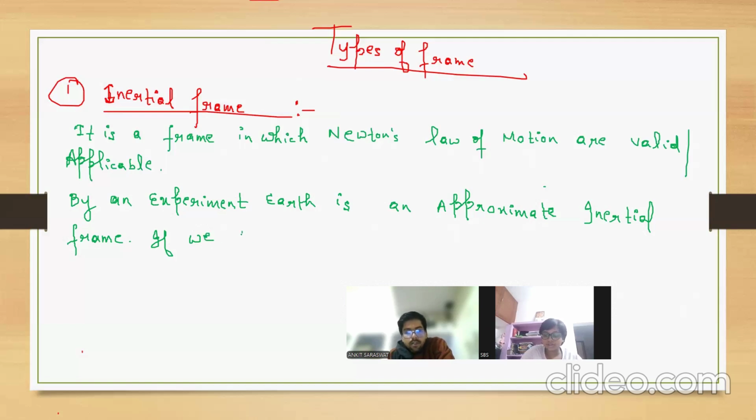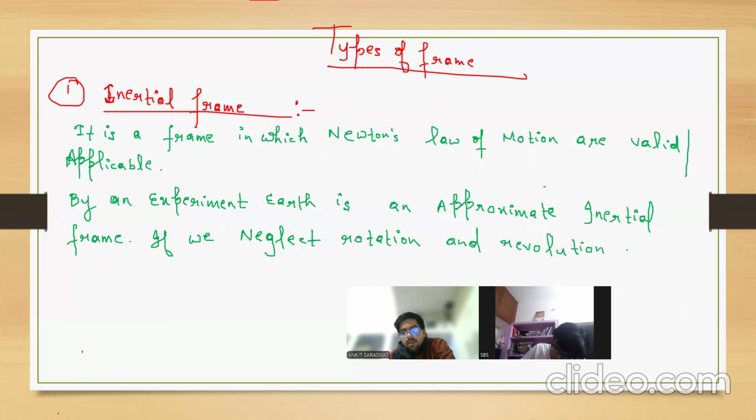If we neglect rotation and revolution of Earth, okay? Clear? If you neglect rotation and revolution of the Earth, then we can say Earth is an approximate inertial frame.